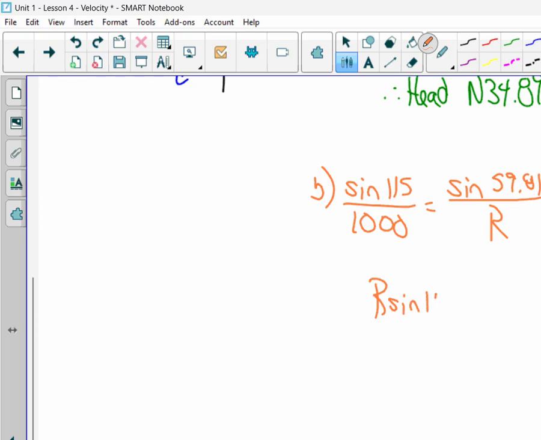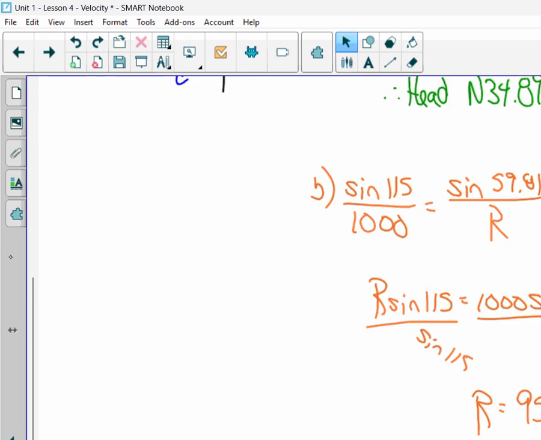R sine 115 is 1,000 sine 59.81. Divide out the sine 115, and R is, I get 953.72 kilometers per hour.